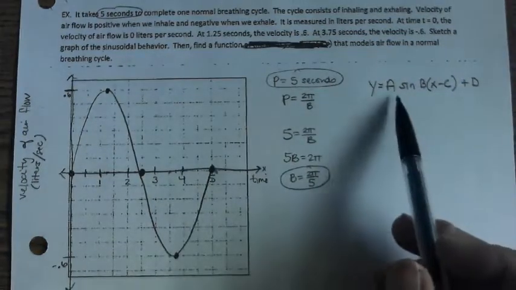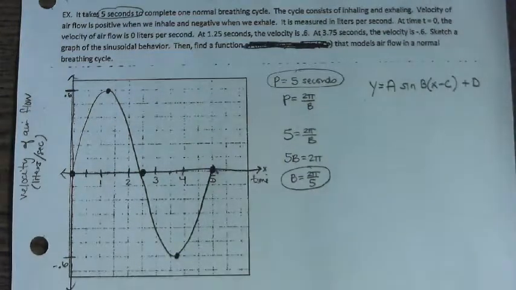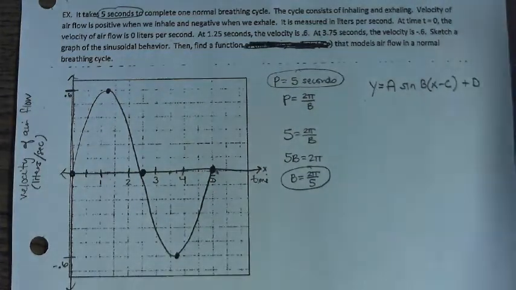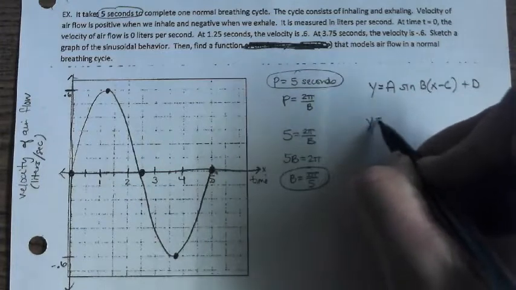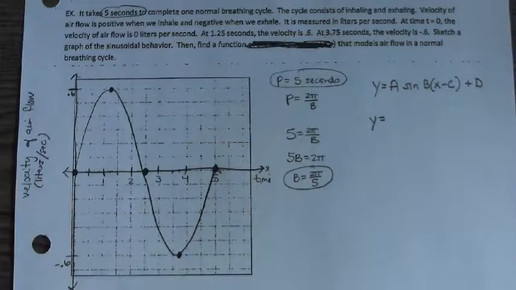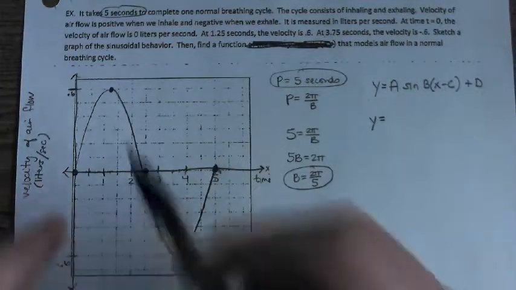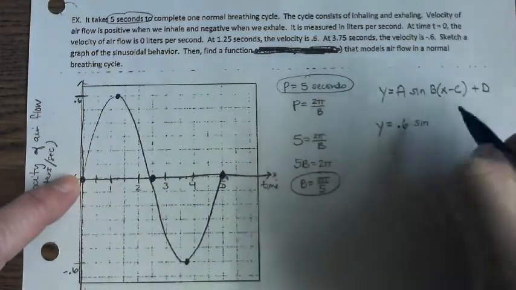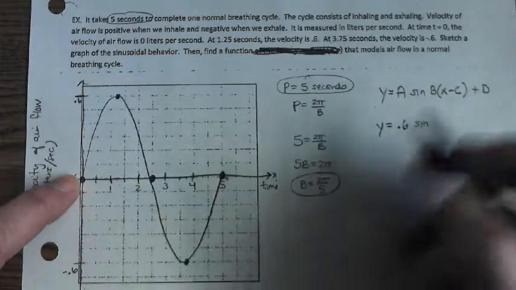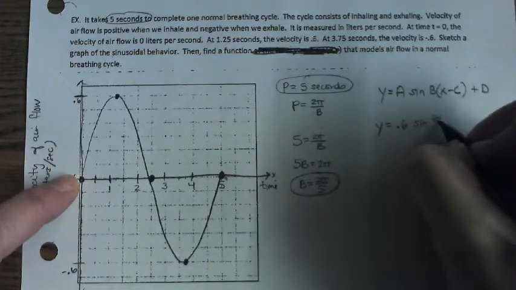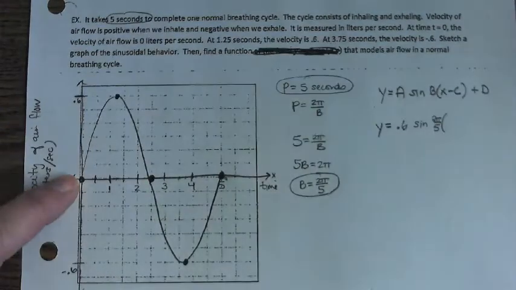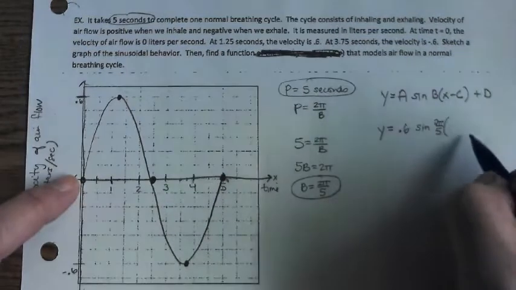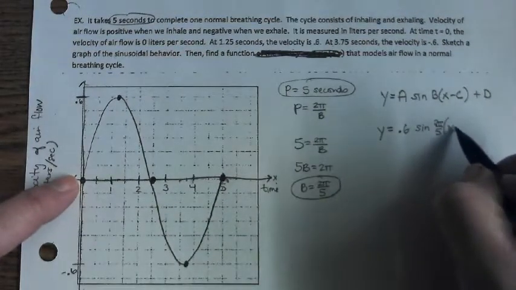And we go through what is our amplitude, 0.6, and is our A value a positive 0.6 or a negative 0.6? Positive, okay. So that's 0.6 sine. Our B we've already come up with, so that's 2 pi over 5. Do we have a phase shift? No, so just keep that x minus 0.